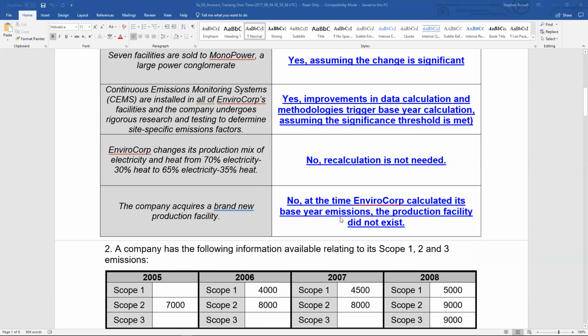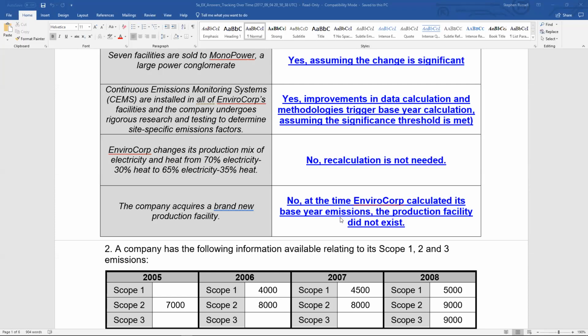Next, EnviroCorp changes its production mix of electricity and heat. And in this case, no, recalculation is not needed because, again, all we're doing is shunting emissions to and from scopes 1 and 2. So there's no need for recalculation in this case.